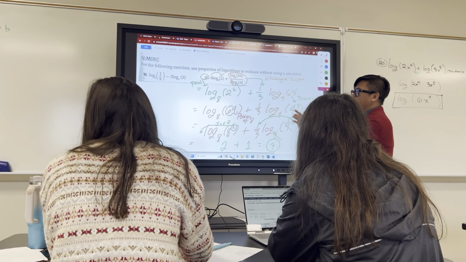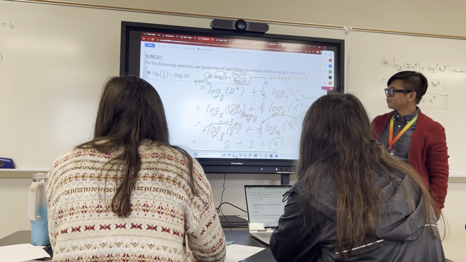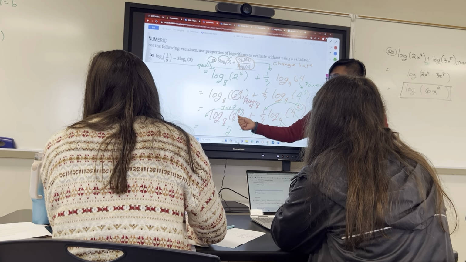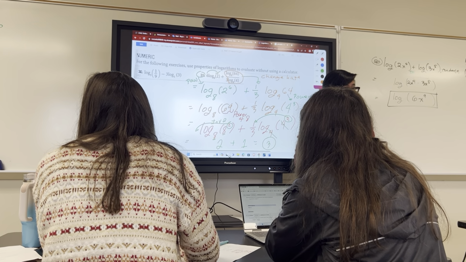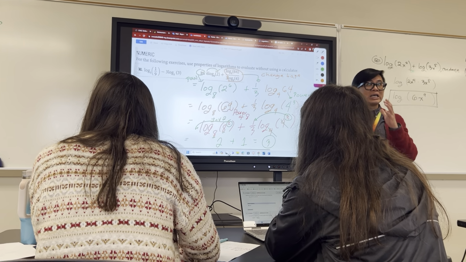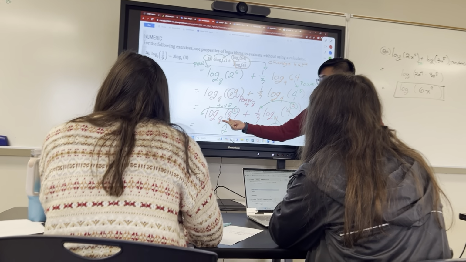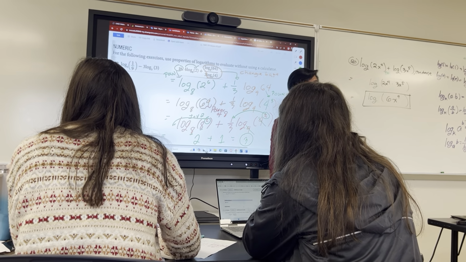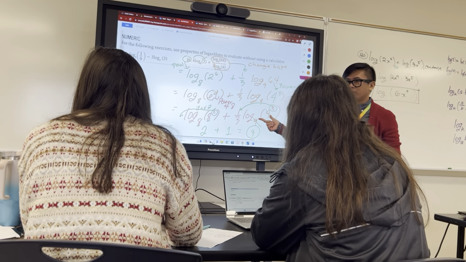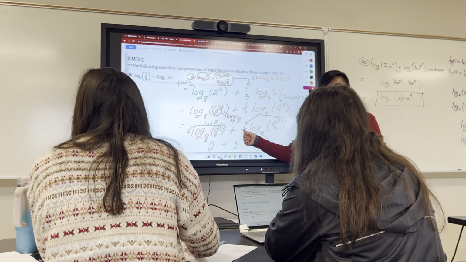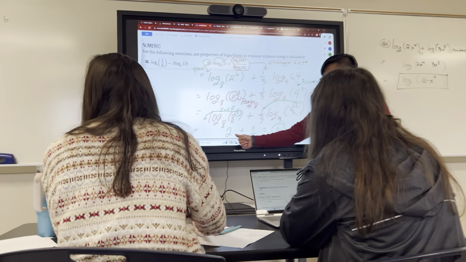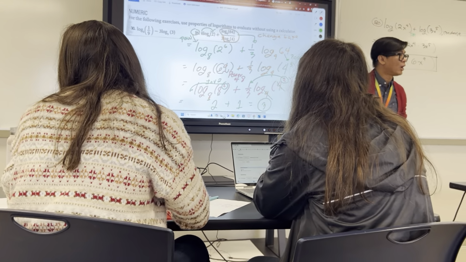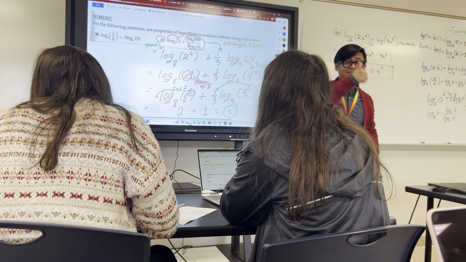Next, 64 as a power of 4 is 4 cubed. 64 as a power of 8 is 8 squared. Are we good? Okay. After that, by the inverse rule, base and number are the same, cancel them, just 2, right? Base and number are the same, cancel them, times 3, right? 3 times 1/3 is 1, plus 2 is equal to 3. Are we good, guys? Right? Any questions?